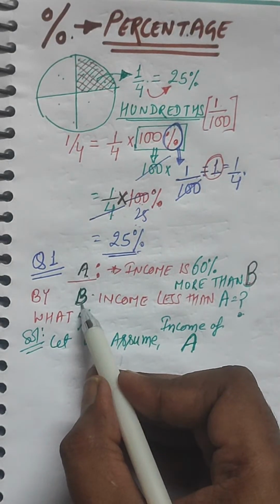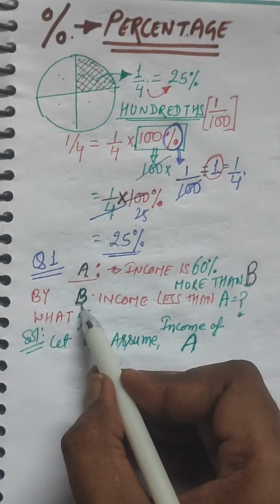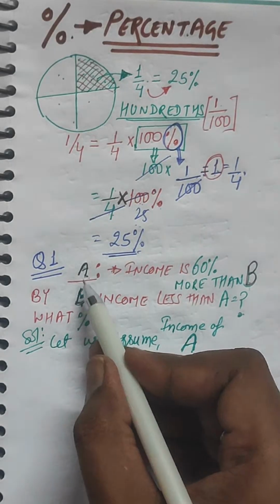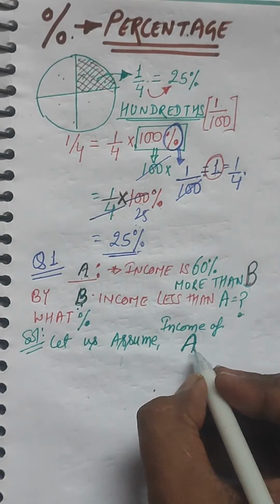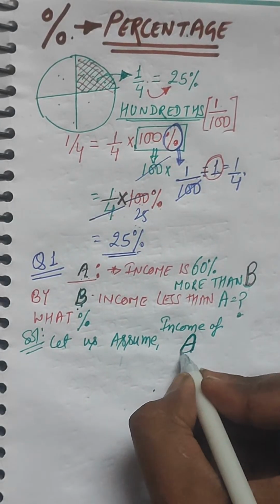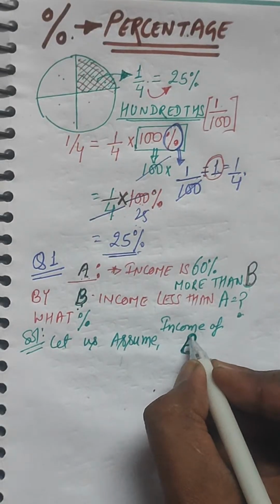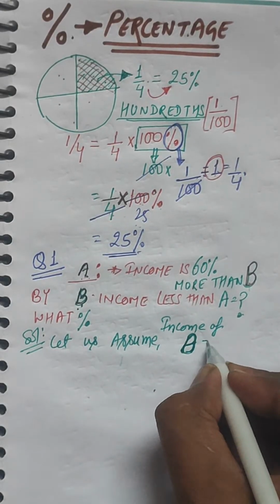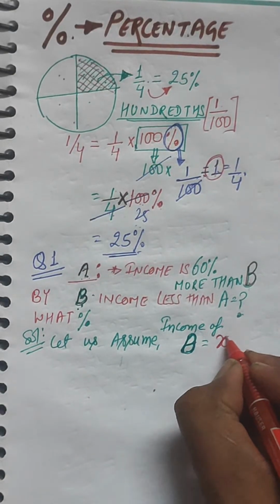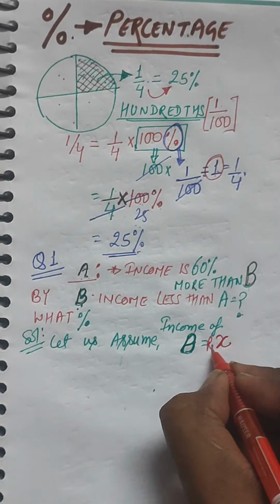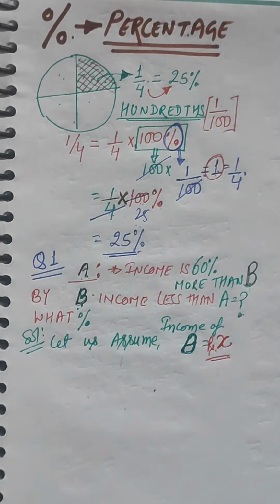The reference is the income of B. Suppose B is earning something and A is a portion of that. So we need to assume the income of B only. Let us assume the income of B is rupees X. This is the income of B.